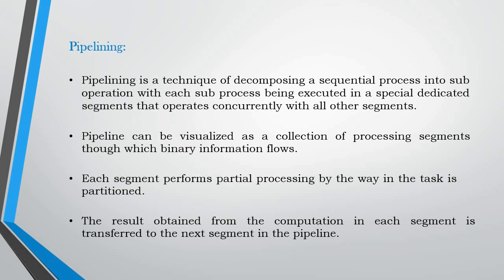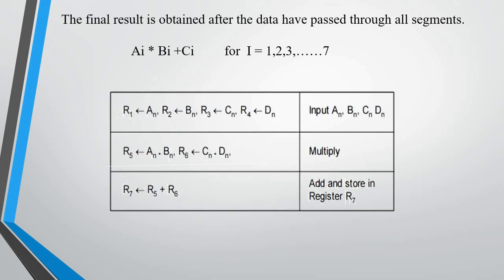Each segment performs partial processing dictated by the way the task is partitioned. The result obtained from the computation in each segment is transferred to the next segment in the pipeline. So the final result is obtained after the data have passed through all segments.